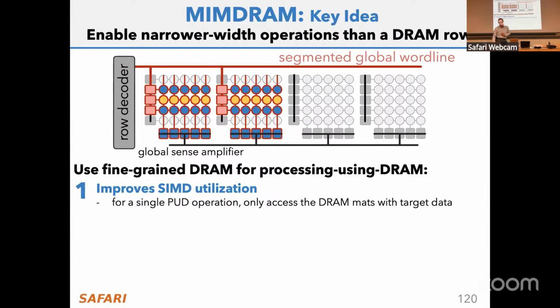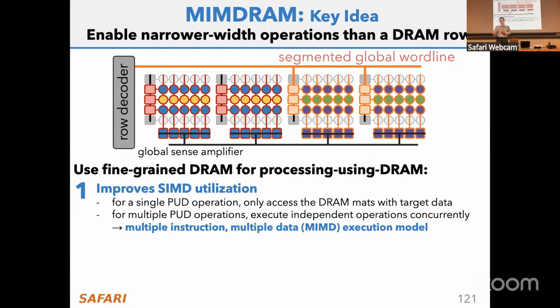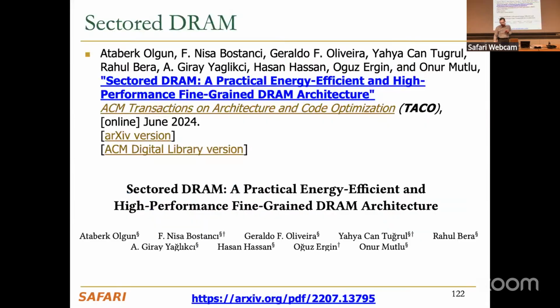This improves your SIMD utilization, as in the GPUs, for example. And this also enables another opportunity. In the other mats that you're not using for this computation, you can do some other computation, right? It could belong to this application or some other application. This is fascinating. That's why we call this MIMDRAM, multiple instruction, multiple data DRAM. You can execute multiple instructions on multiple different data elements on different mats.